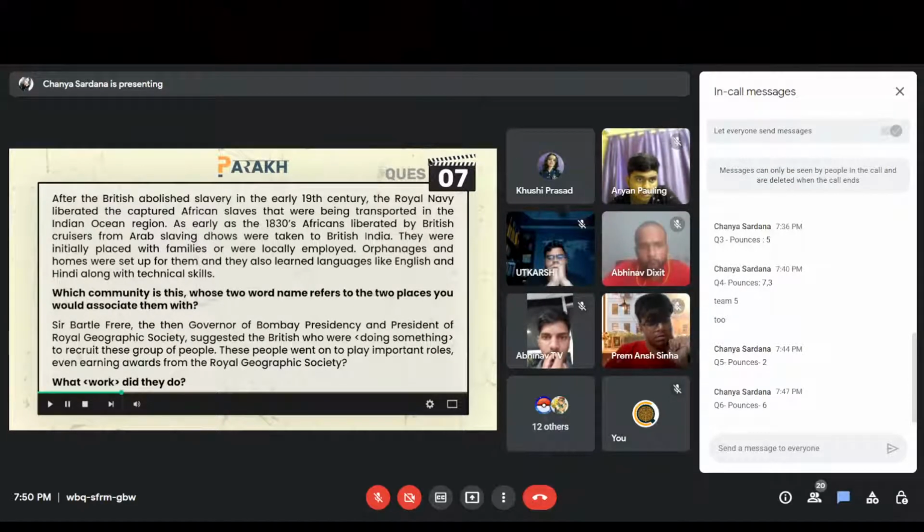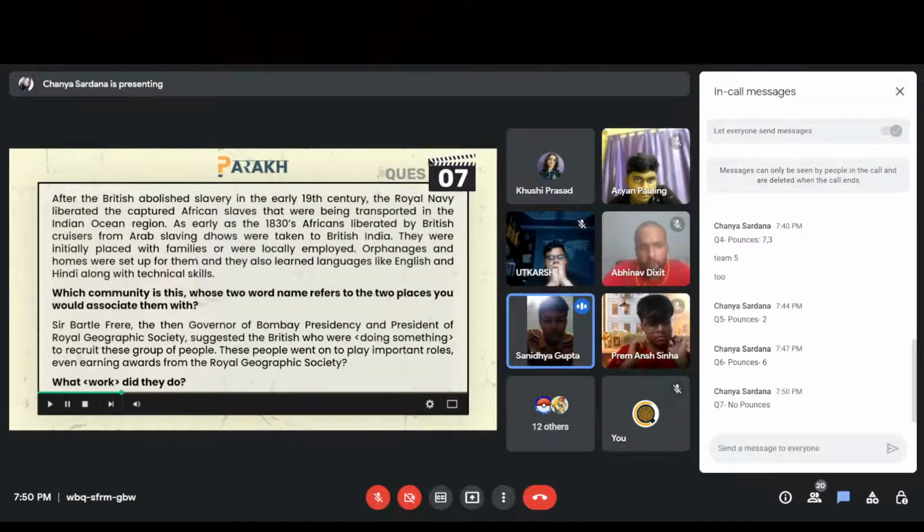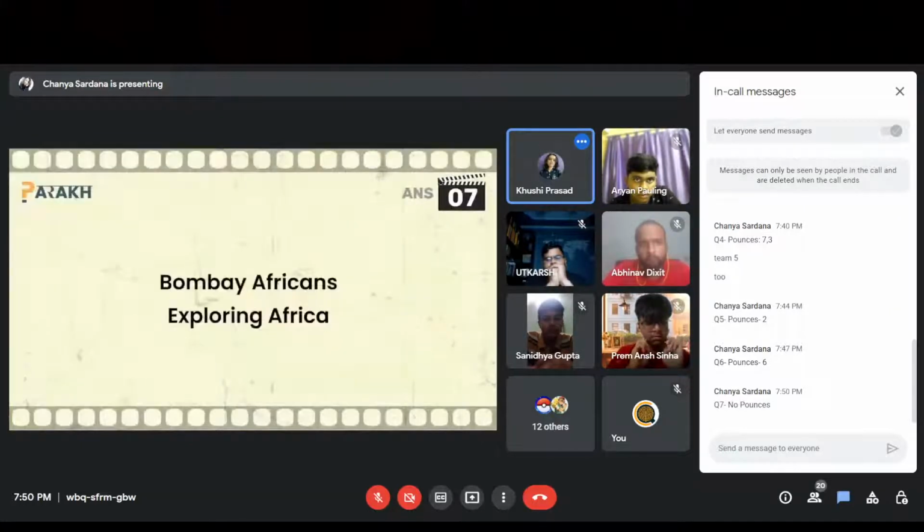The community is Bombay Africans, and they helped the Geographic Society in, I guess, their expeditions. Okay, so this is correct. So T4 gets plus 20. So the answer is the community is Bombay Africans and they helped with the exploration of Africa.